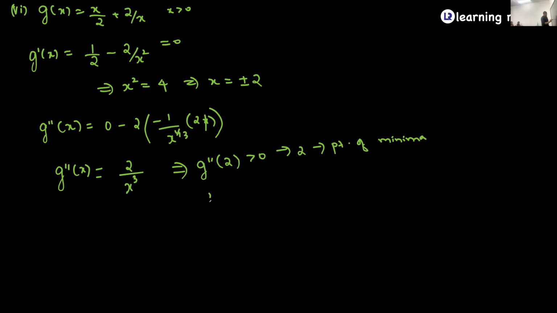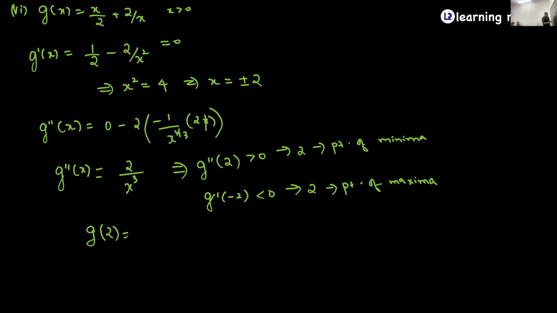Similarly, g double dash of minus 2 will be less than 0. When you substitute minus 2 here, it is a negative value. So this implies 2 will be a point of maximum. Right. So what is g of 2? So g of 2 is going to be 2 by 2, 1 plus 2 by 2, again a 1.